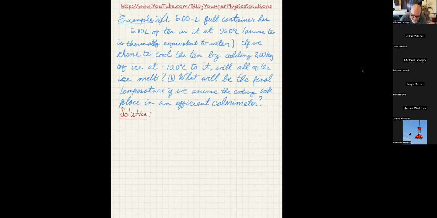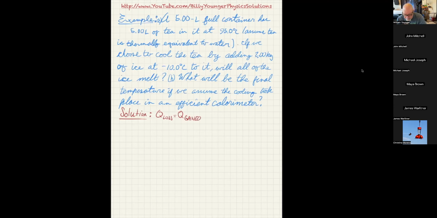So when I do that, I'm going to make use again of the density of water. Since I'm assuming the tea is essentially water, 5 liters of tea is essentially 5 kilograms of water. So I'm going to say Q loss is equal to Q gained.